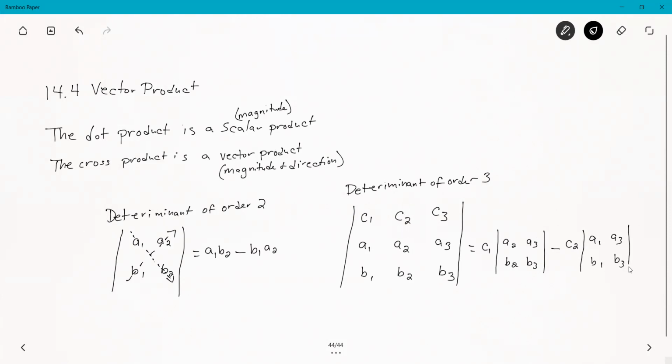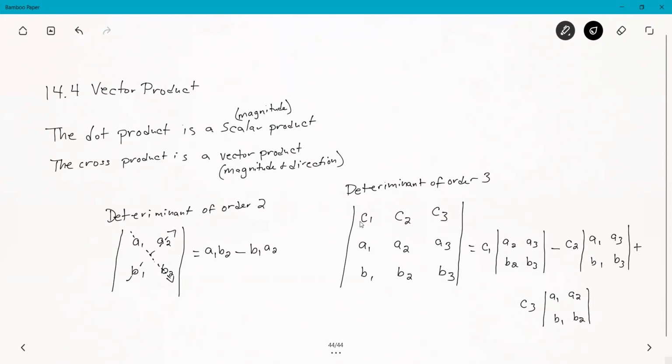Again, this might look really confusing right now because this is the first time you've seen it, but after you see this a few times, this really isn't difficult. And then plus c sub 3. So we're going to use these two rows, which is a sub 1, a sub 2, b sub 1, b sub 2. And again, we're going to multiply by the determinants. So remember the determinant of order 2, we're going to multiply down and then subtract off by multiplying up.